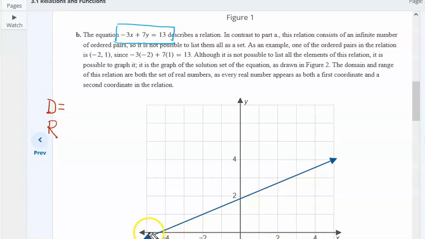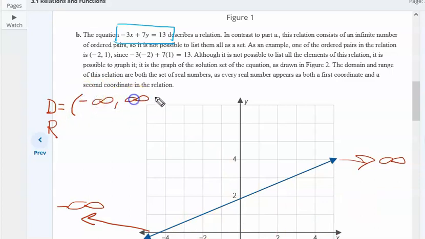And since this arrow here indicates this goes off to negative infinity in this direction and positive infinity in this direction, for x values, our domain is from negative infinity to positive infinity. And the range would be y values, and this eventually goes down as well, and this goes up as well, and that is also negative infinity to positive infinity.